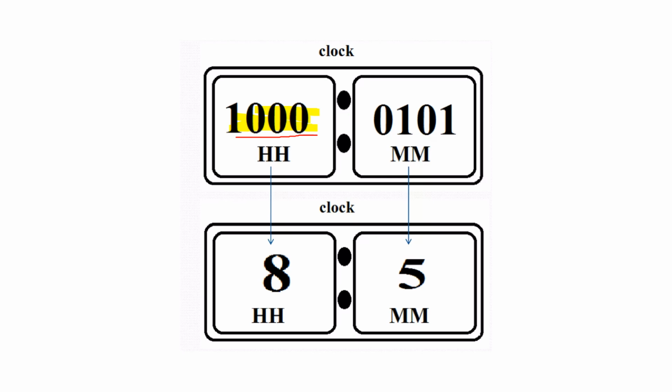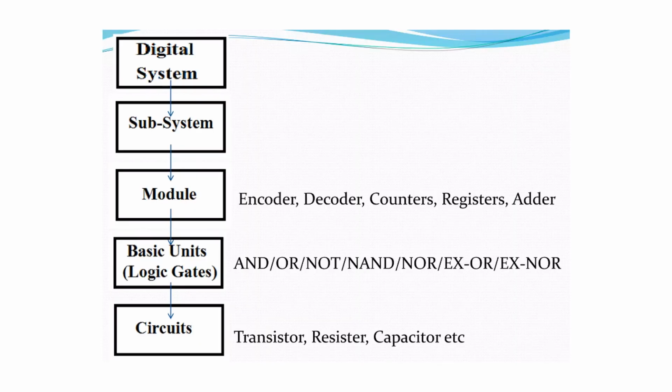So this 8 can be written in terms of 8421 as 1000, which is the hour format, and this 0101 represents the minutes, also by means of the 8421 concept. Here, in 8421, they have represented 1 at the place of 4, and 1 at the place of 1. So 4 plus 1, totally 5. So this is how the analog and digital clock works.